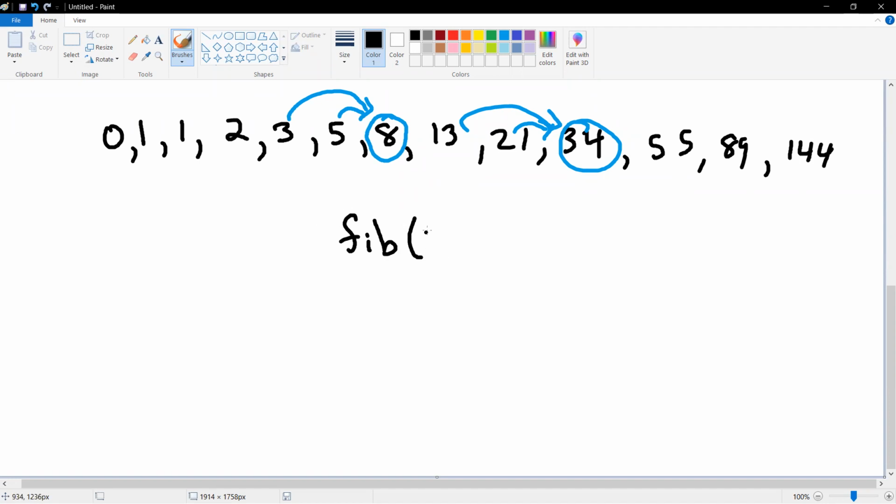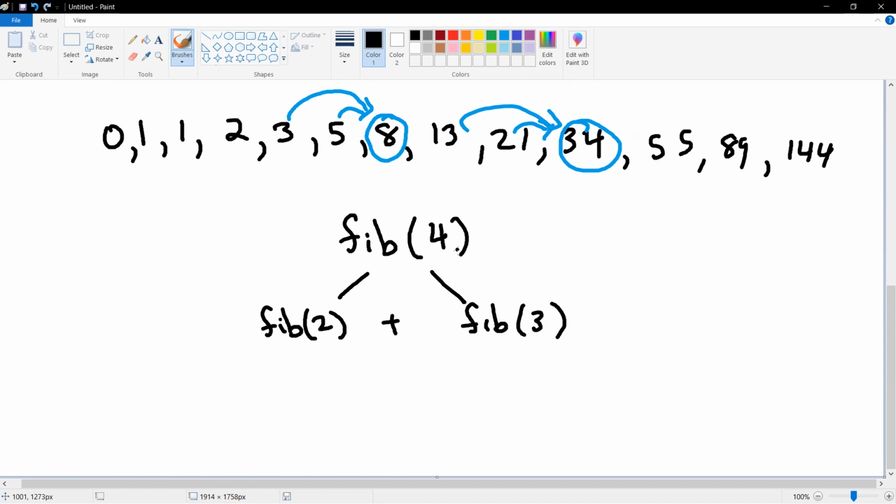So to calculate Fibonacci, the fourth Fibonacci number, right? What is this? We don't know, but we have a formula for it, right? It's just going to be fib 2 plus fib 3.